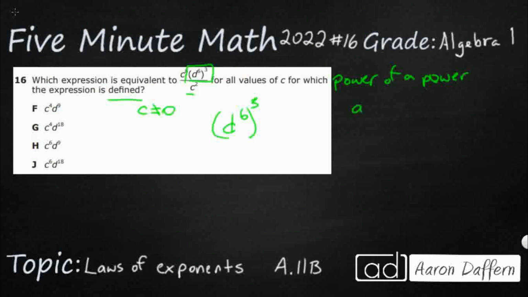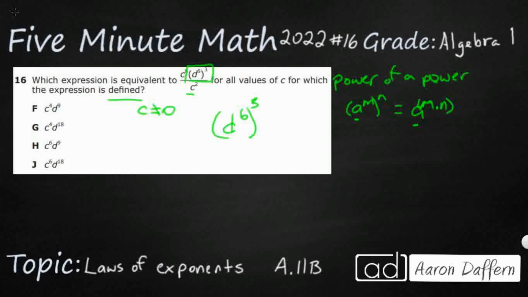See this example of a to the m, and then we take that to the n power. That simply means we take our base, that big term, and we take our two exponents, the m and the n, and we multiply them. So it's going to be m times n.